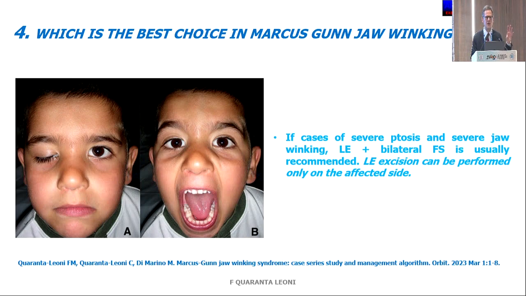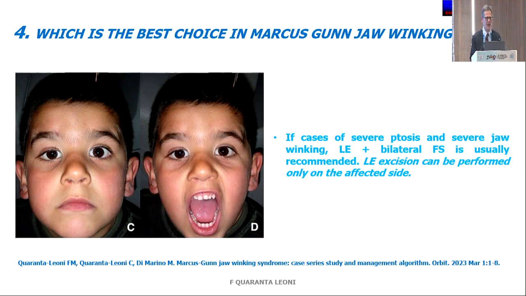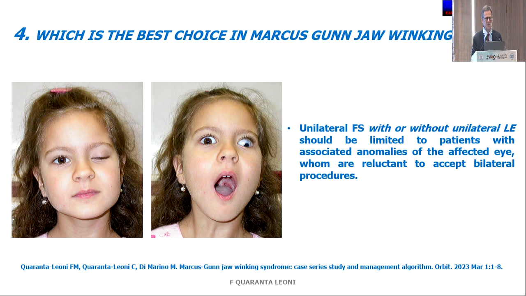If you have evident ptosis and evident jaw winking, then you have to go for bilateral treatment with autogenous fascia lata, but the levator excision might be effective even if you do it only on the affected side. Any space for unilateral treatment? This is accepted and suggested when you have associated anomalies of the affected eye, like in this case.